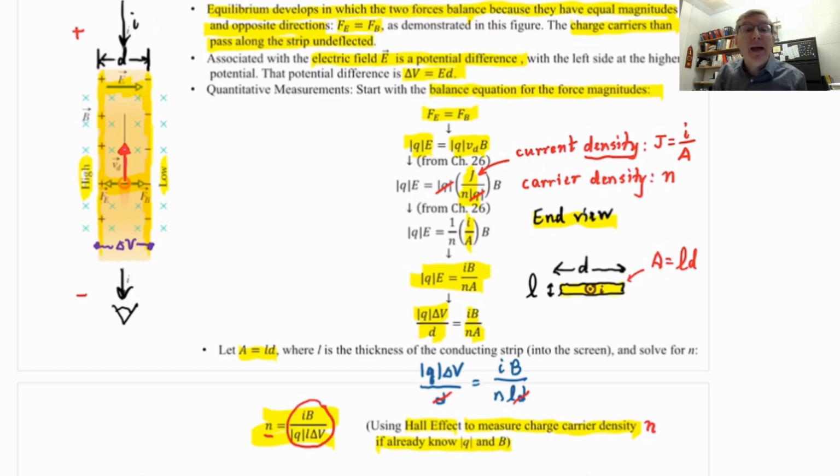And when I do that, I discover, because of the charge separation in the Hall effect, that the left side of the strip becomes the high potential side and the right side becomes the low potential side, and I can figure that out directly with a voltmeter, measuring the delta V.